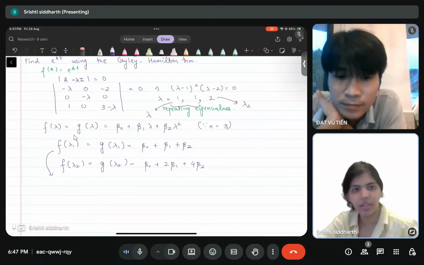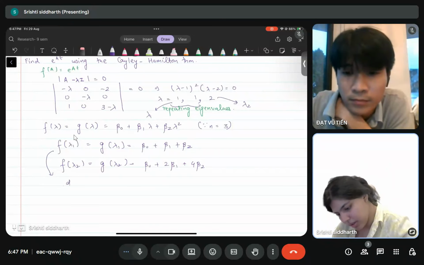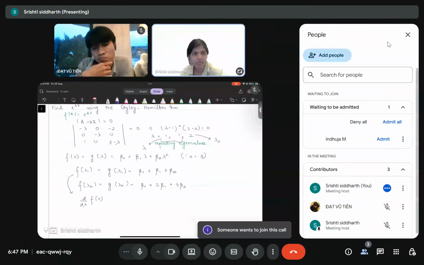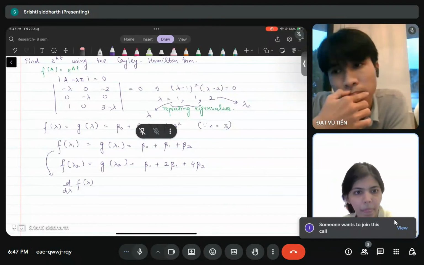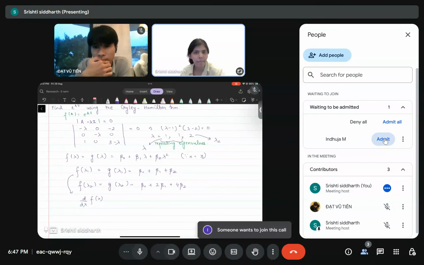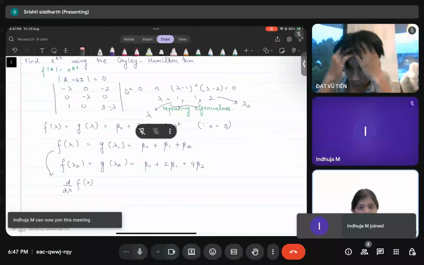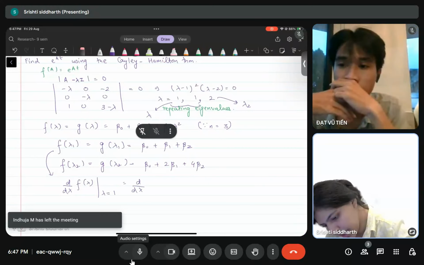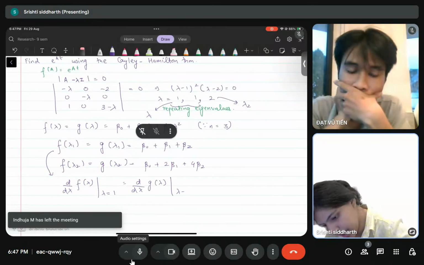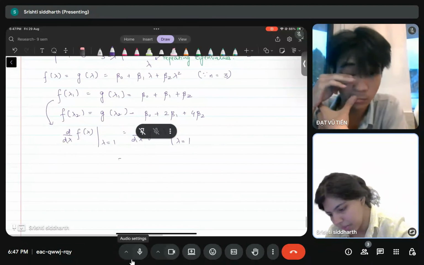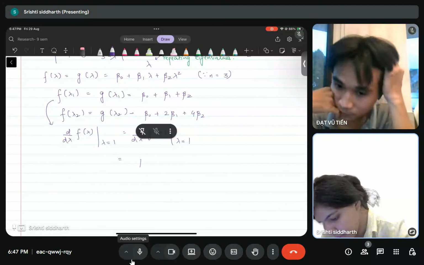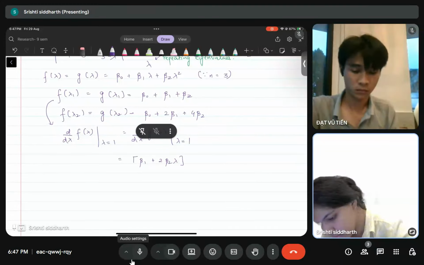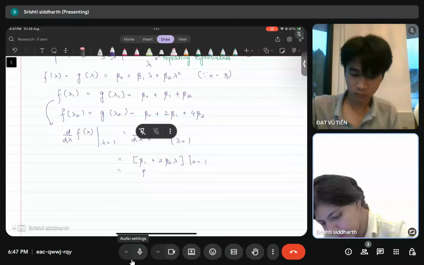And then this one gives another equation: d by d lambda of f of lambda at lambda equals 1 equals d by d lambda of g of lambda evaluated at lambda equals 1. This is simply beta 1 plus 2 beta 2.